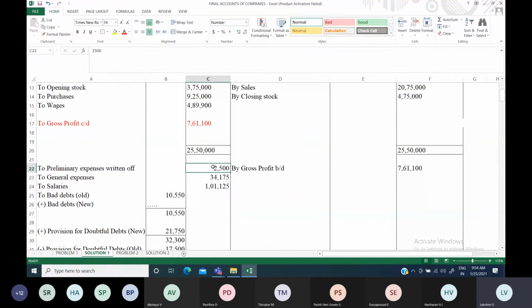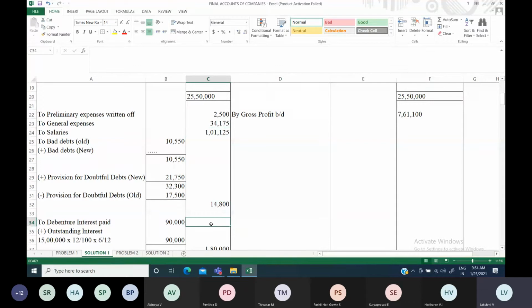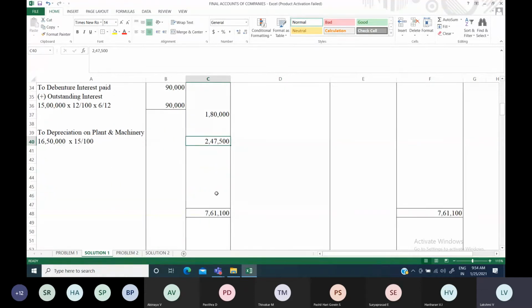So here only our account starts actually. 7,61,100 minus 2,500 minus 34,175 minus 1,01,125 minus 14,800 minus 1,80,000 minus 2,47,500. How much are you getting? You just find out.